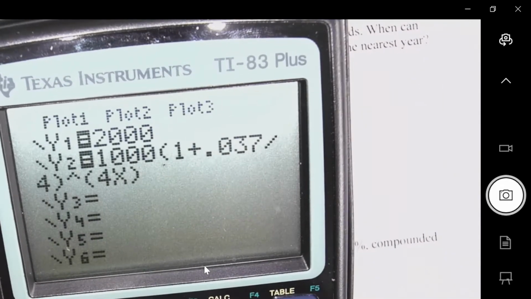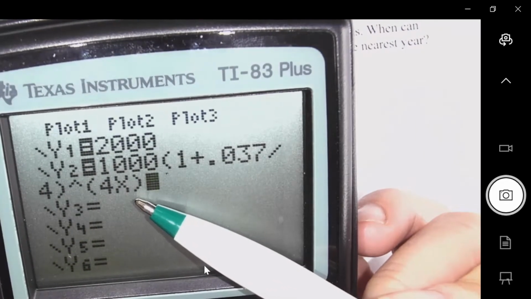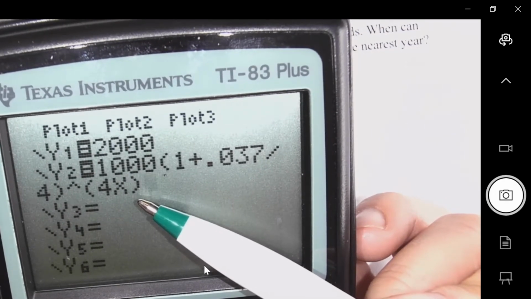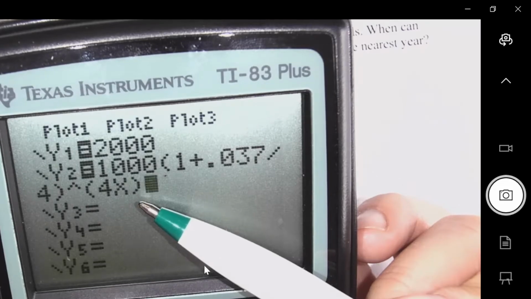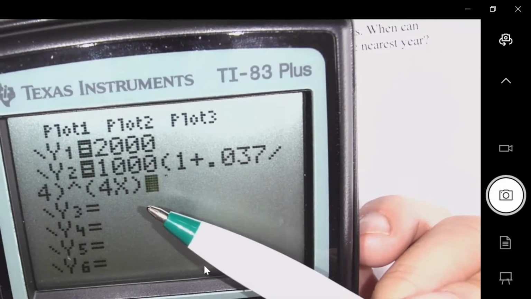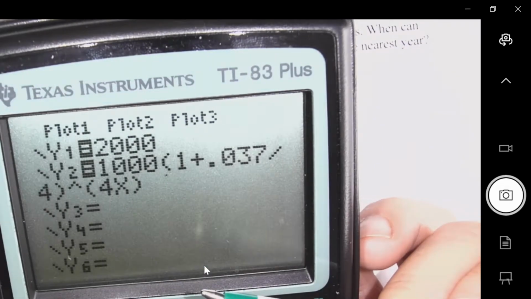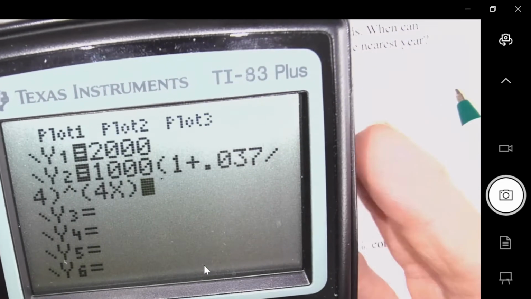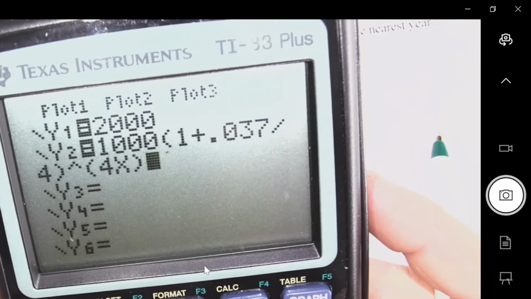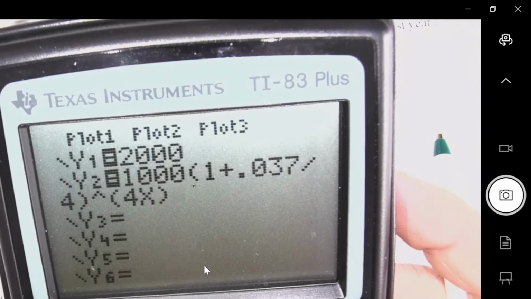When I did this, my exponent is in brackets. If it's not, it's gonna go bad for you, okay? So when I typed that from my paper, I put 4x in brackets in the exponent, okay?